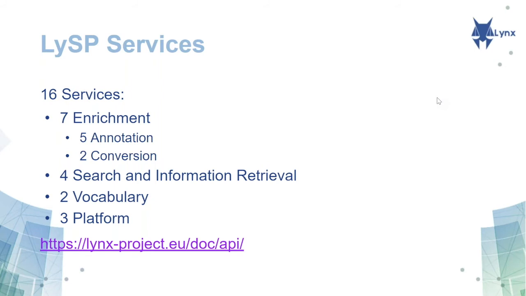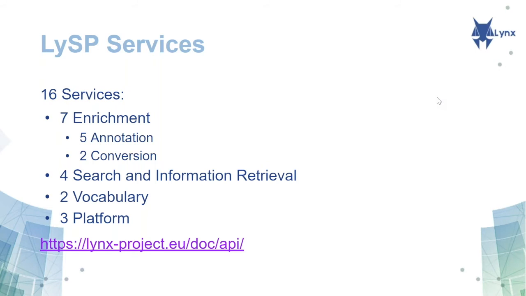In total, we have 16 different services, and we can group them in different categories. First, there are 7 enrichment services that enrich the documents that we get. Those contain 5 annotation and 2 conversion services. We also have 4 services for search and information retrieval.